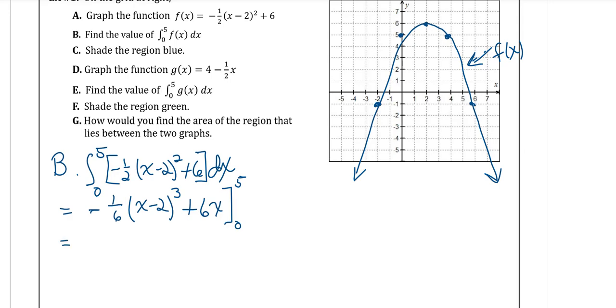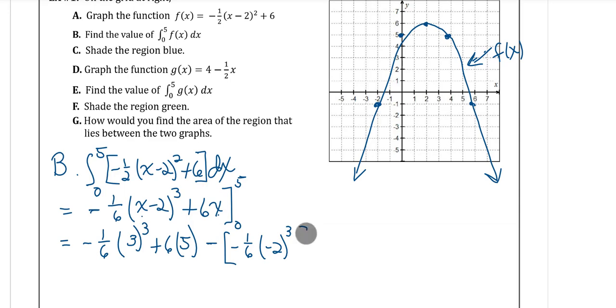So continuing that, I'm going to get negative 1/6 times, substituting 5 in there, 3 cubed, plus 6 times 5, and then minus, when I substitute 0 in, negative 1/6 times negative 2 cubed, and then when I put 0 in the 6x, I get 0.